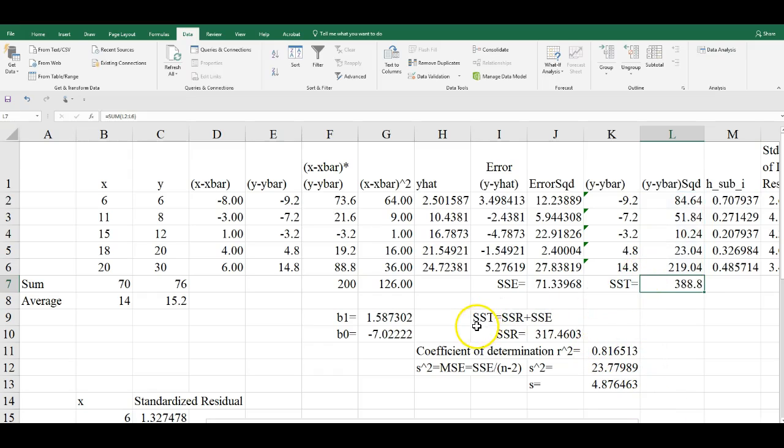And they remind you that the sum of square total is equal to the sum of square residuals plus the sum of square error. So we use this to solve for the sum of square error, simply by subtracting the sum of square error from the sum of square total, and that gives you the sum of square error.